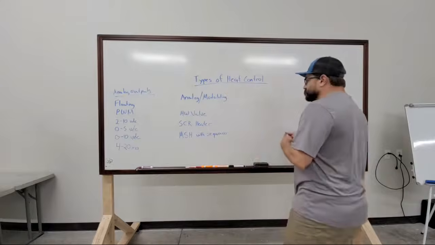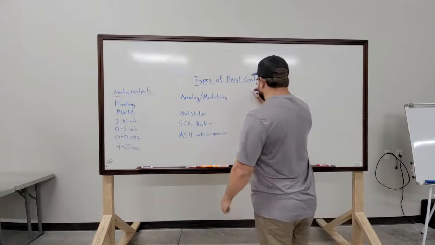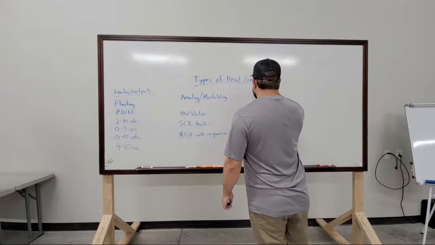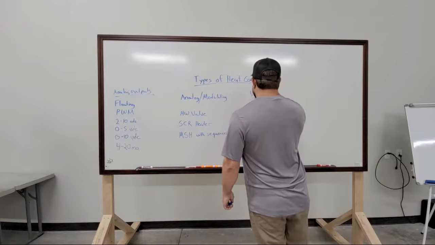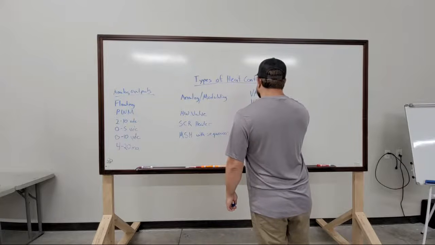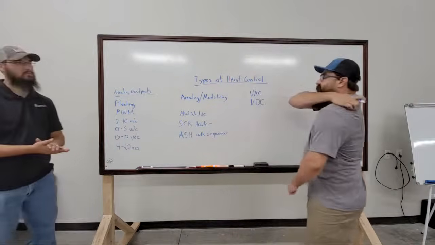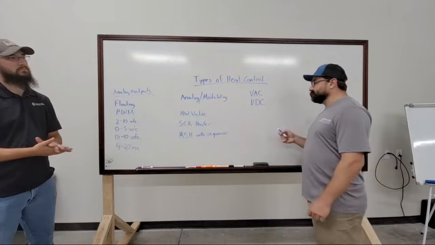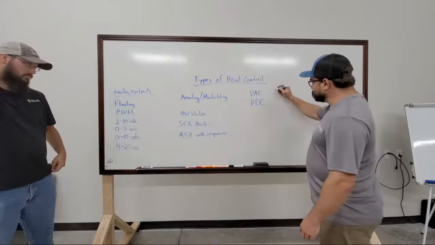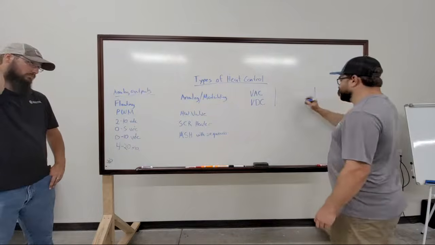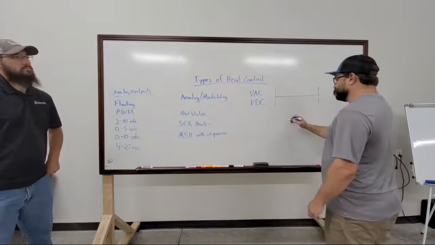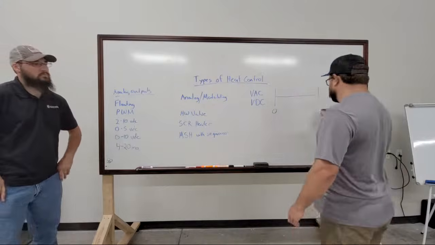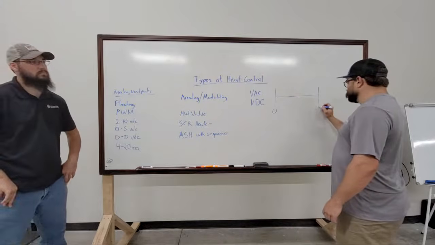So there's a couple different ways to do pulse width modulation. It can be volts AC, pardon me, volts DC. It really just depends on what the device you're controlling is looking for. But basically, if you look at a stretch of time, we'll go 0, and we'll keep things small.